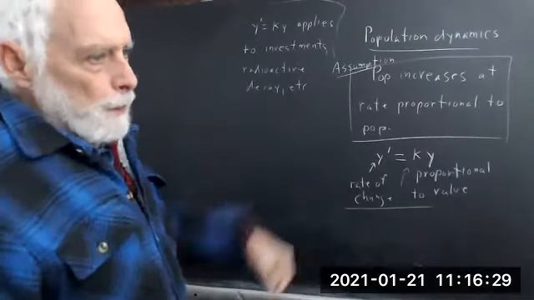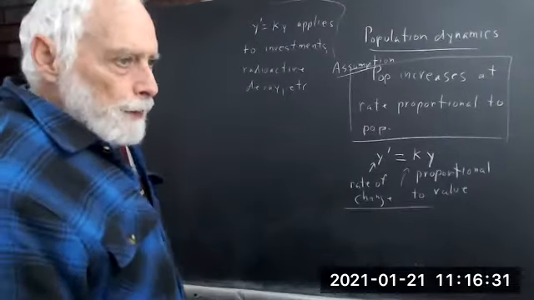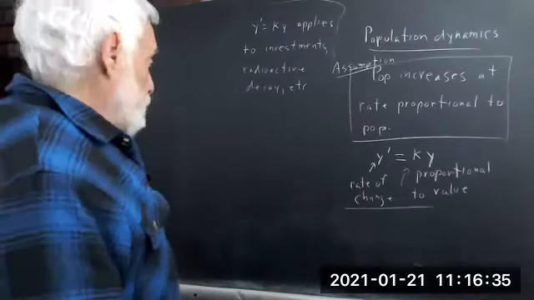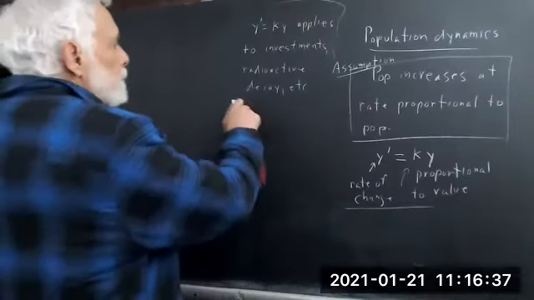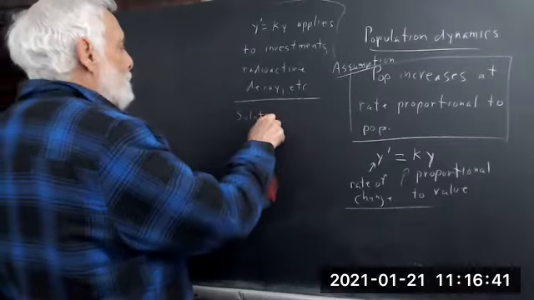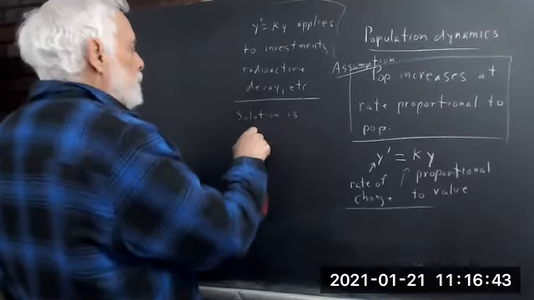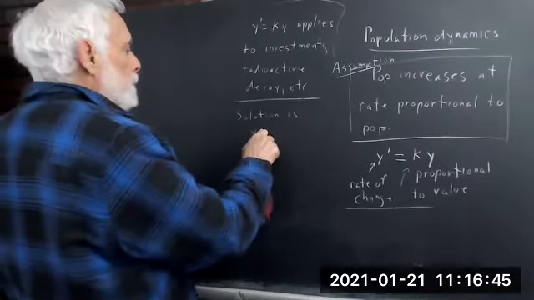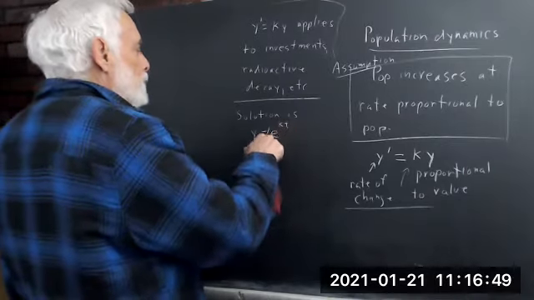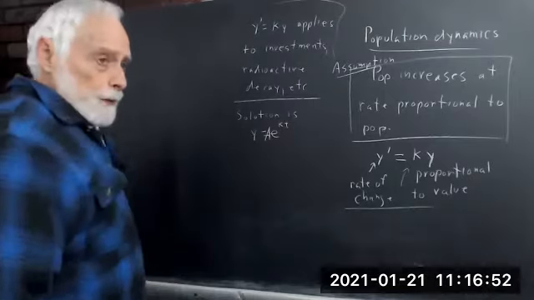So one of the simplest equations you can have, very easy to solve. y is going to equal e to the kt. So I'll just tell you what the solution is. There's a constant out in front of it.